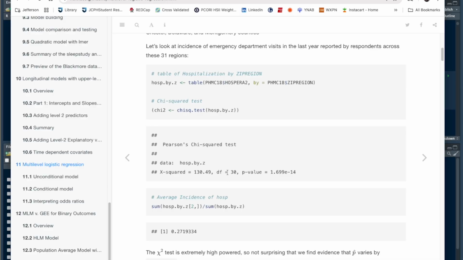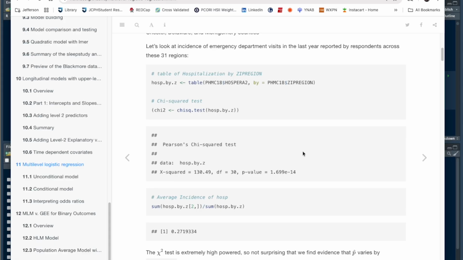This test has a very small p-value, so it says to reject that idea. We shouldn't be surprised that the proportion of people who go to the ED does vary substantially across zip codes.